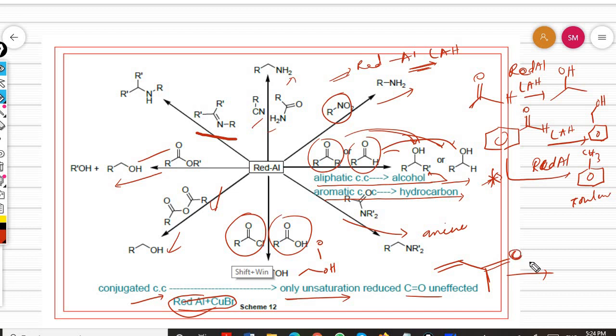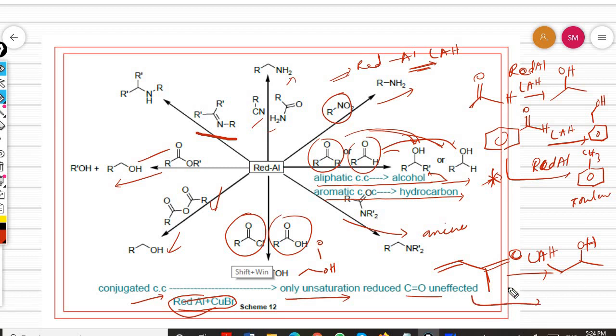With lithium aluminum hydride, it will reduce the unsaturation as well as the carbonyl group, so finally it gives the completely saturated alcohol.